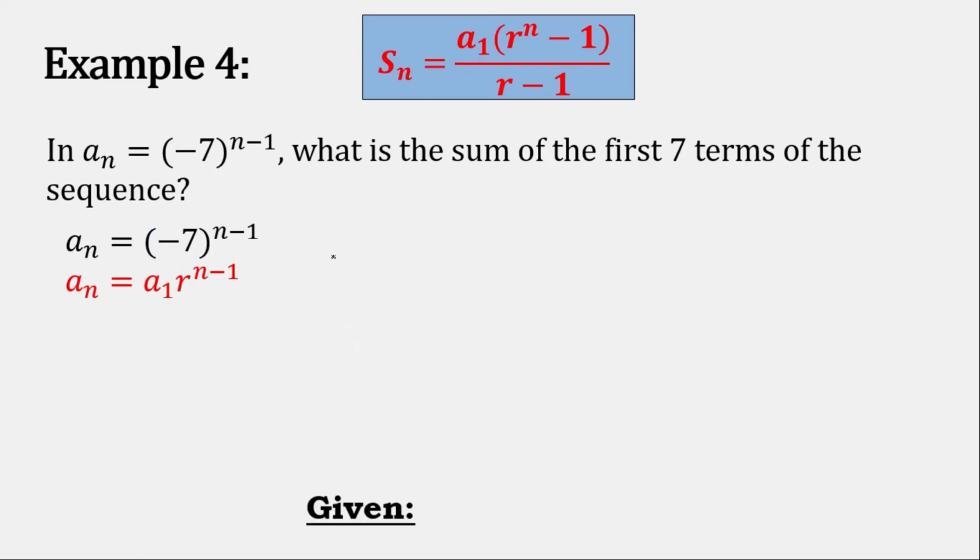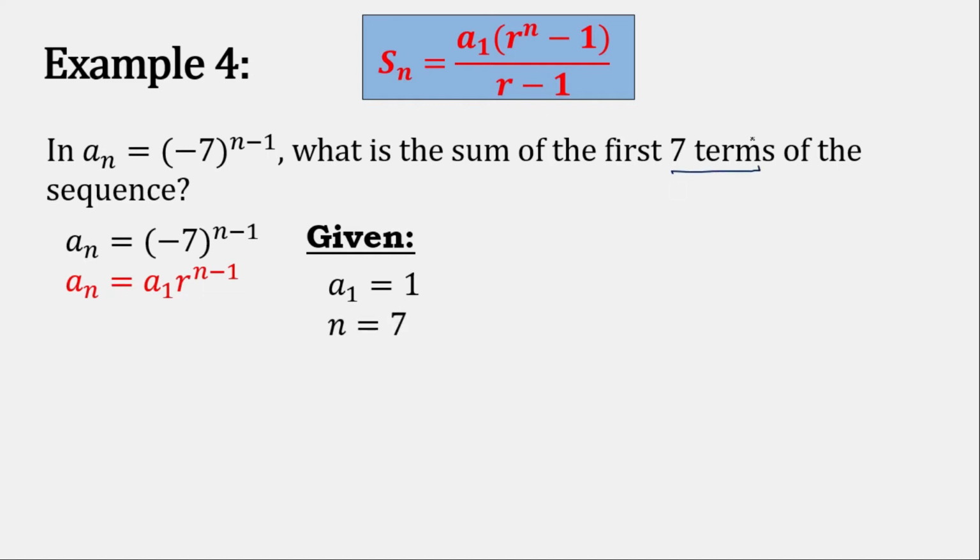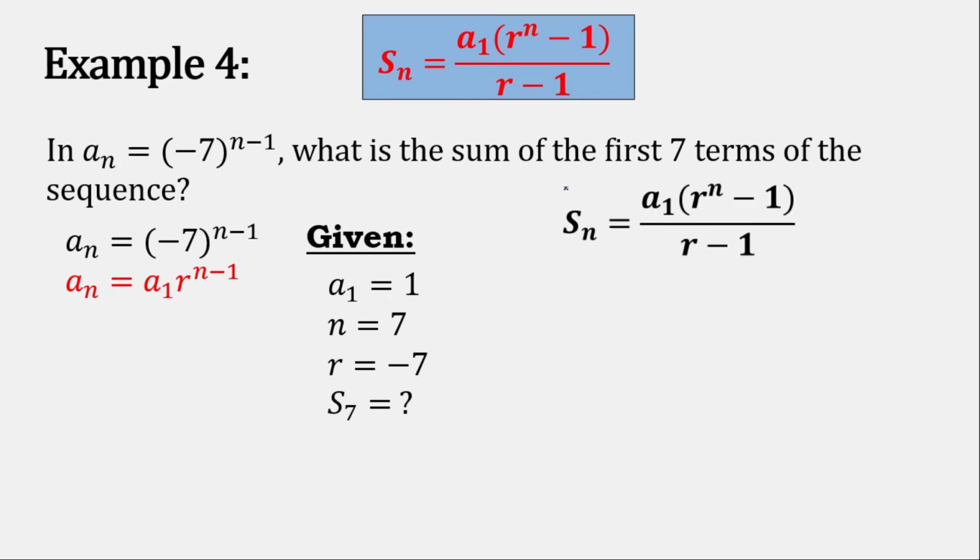And having that in mind, we already have a sub 1 is 1, n is 7 because it is written in the problem, r is equal to negative 7, and we should solve for the sum. So all you need to do is plug in all the givens that we have.